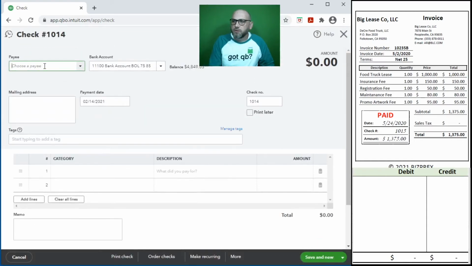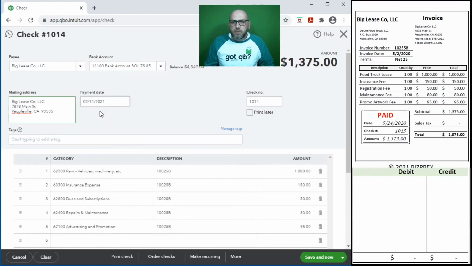Okay, so here it is. Bank, all right, good. Make sure we select the correct check, 1015. Okay, good. Let's double check our amounts this time, right? Because even though it remembers, your amount might change, okay? And you want to reflect it.